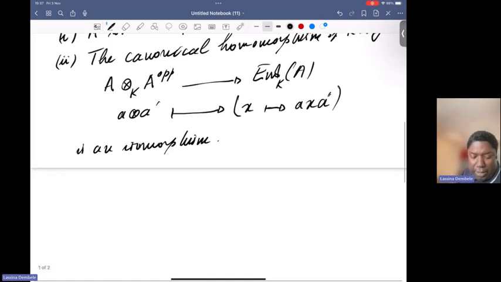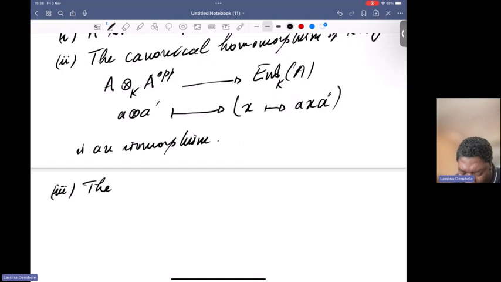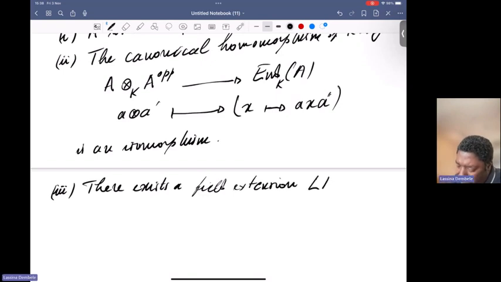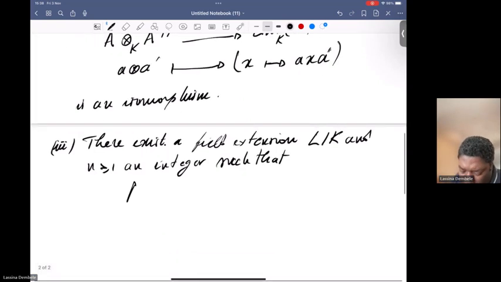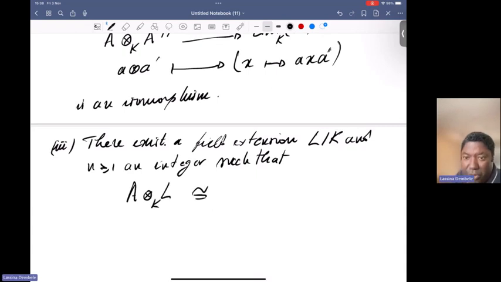And the third statement says that there exists a field extension L over K and an integer n such that when you tensor A with L over K, you get an isomorphism with the matrix algebra over L.